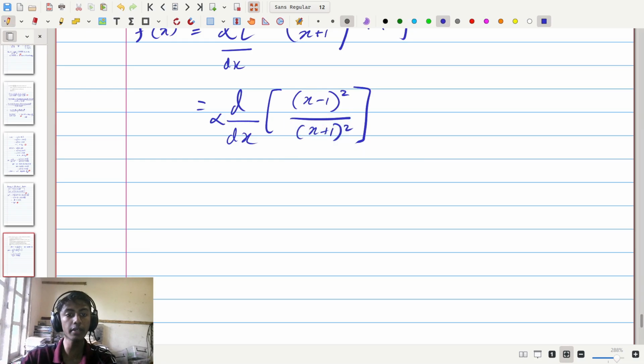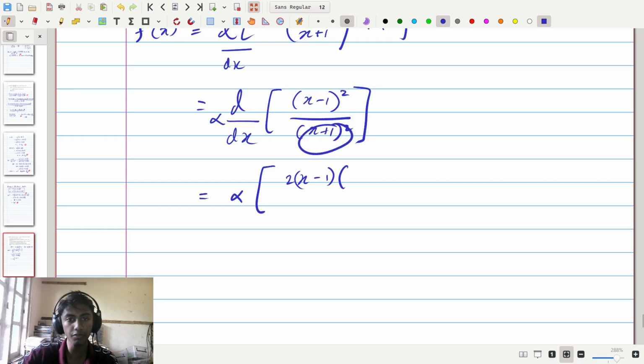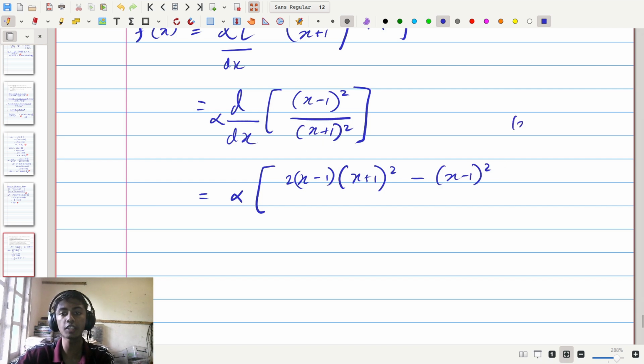then we get that the derivative here is equal to alpha times this function's derivative, which is the derivative of (x minus 1) squared, equal to 2 times (x minus 1), times the second function, which is (x plus 1) squared, minus the first function, which is (x minus 1) squared, times the second function's derivative, which is the derivative of (x plus 1) squared, equal to 2 times (x plus 1).